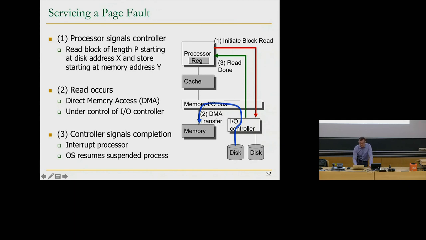You set up a controller in the memory controller, which orchestrates this movement of data from address X in disk to address Y in physical memory. Once the DMA controller is done, it interrupts the processor, the remaining part of the page fault handler finishes, and the OS says, okay, the data is ready, now processor, you can execute.